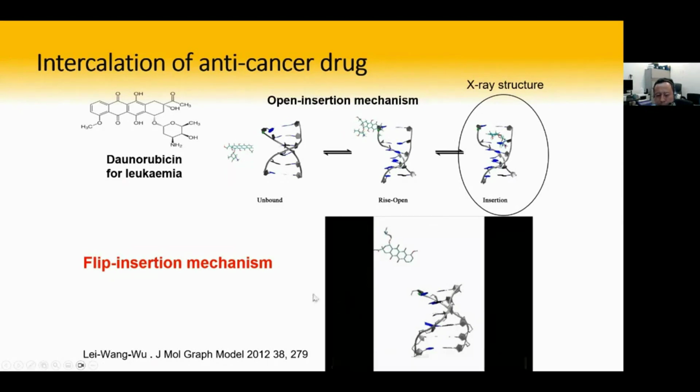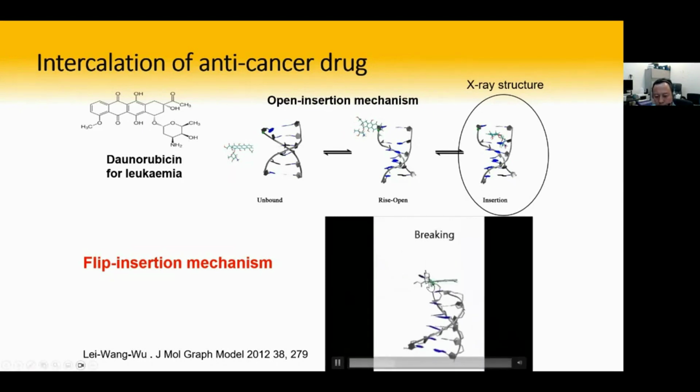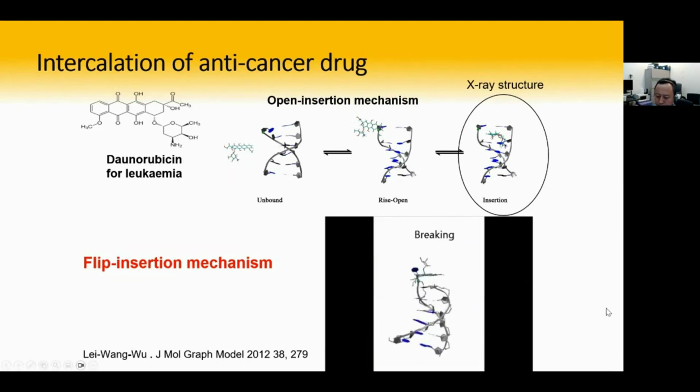I wanted to see if the physics-based model can bind the drug here, and if so, how it goes inside. So here is the simulation result. You can see first there is a diffusion process. The solvent I have removed. You see the base pairing is broken, and then the drug starts insertion.